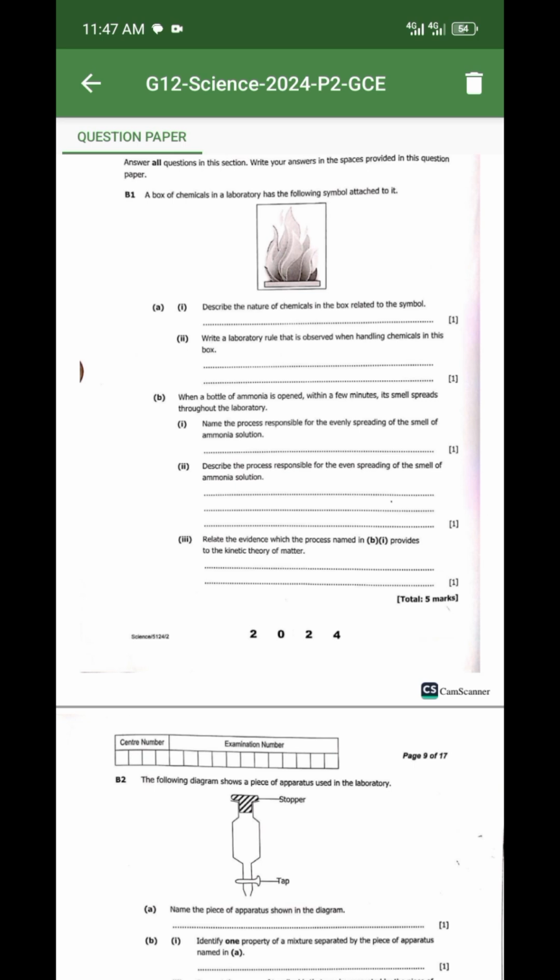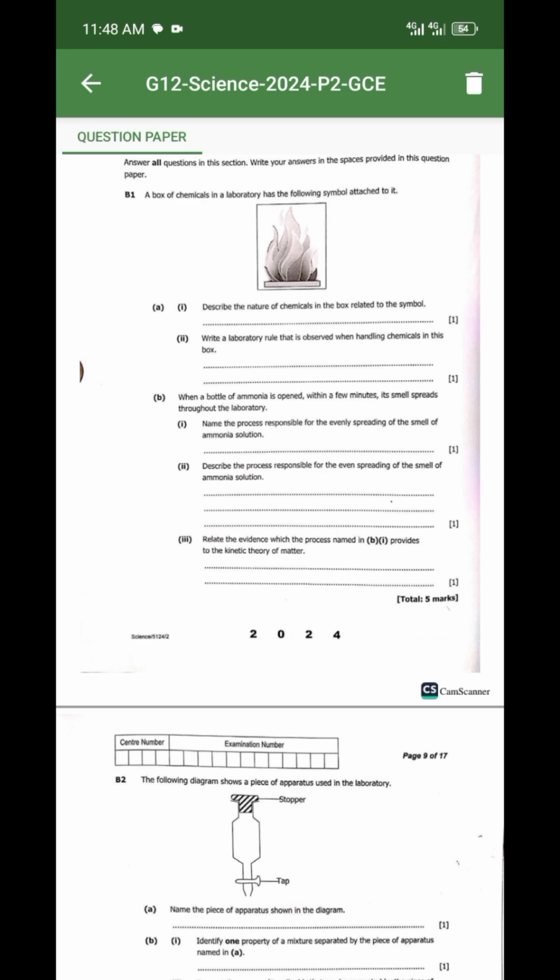So ammonia solution is in gas state. A substance that is in gas state, meaning the particles are the ones that are moving. Here we have the movement of particles, not the movement of molecules. We have the movement of particles of a gas, which is ammonia solution.